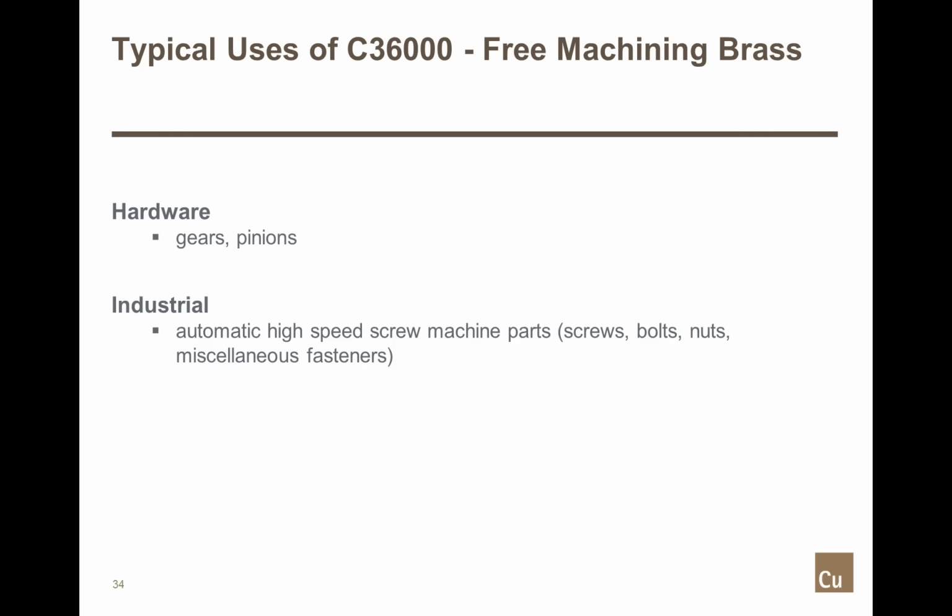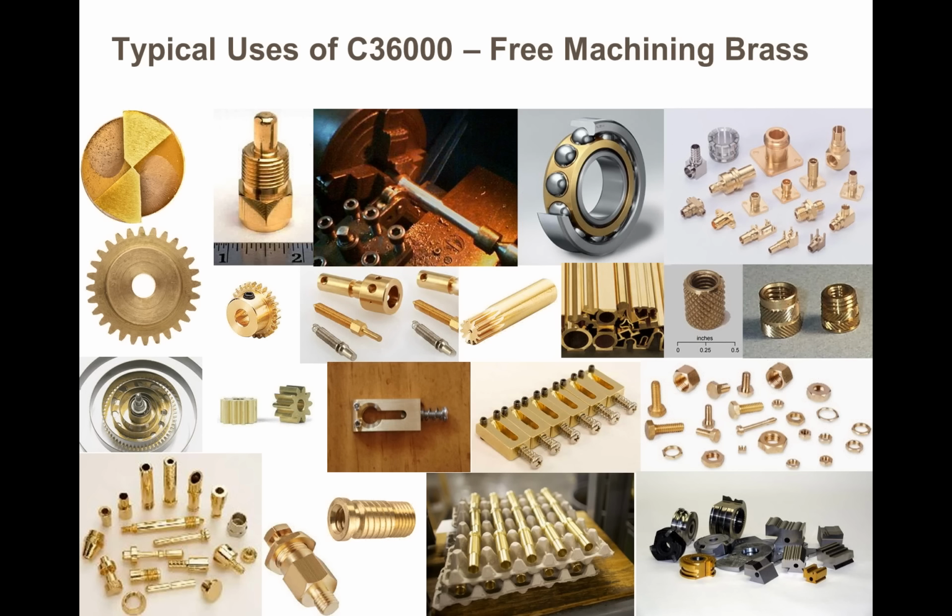But it can be made into gears and pinions and things like that as well. Here are some examples. Most of these have been machined into shape. So you can see there's a wide variety of these, and the faster they're made, the more economical they are. And the lead adds an easy capability to machine these parts very quickly.